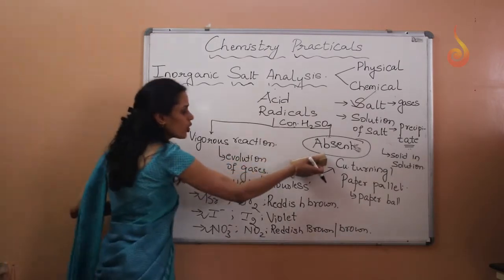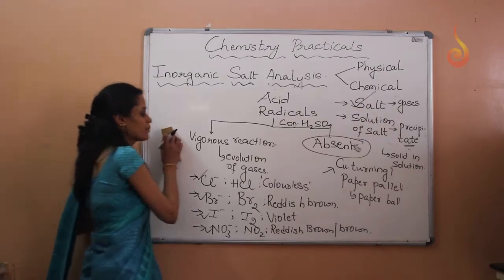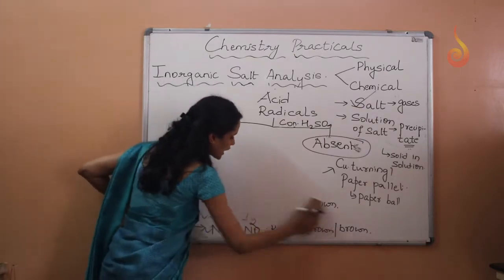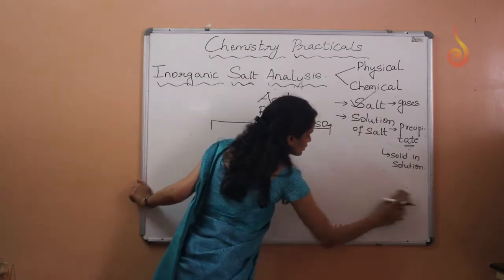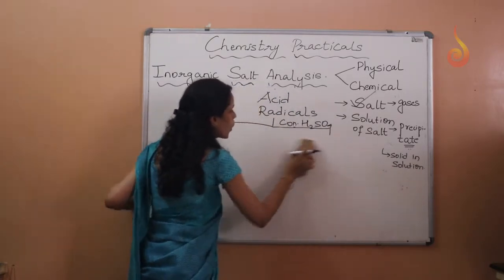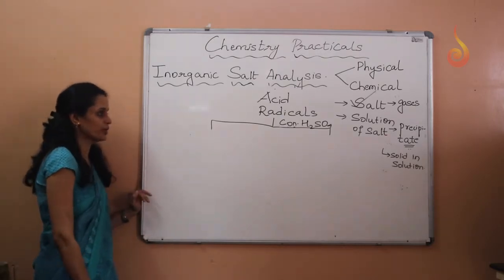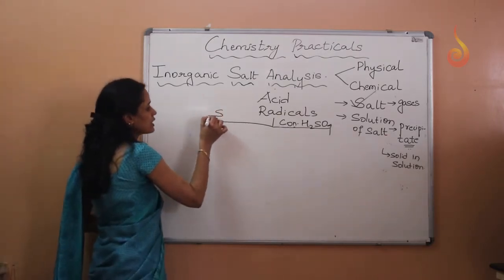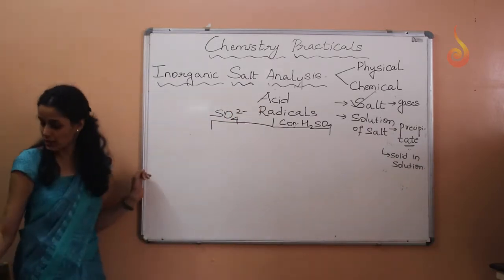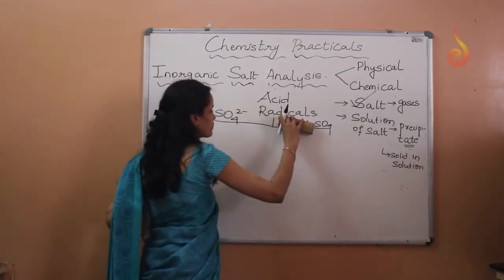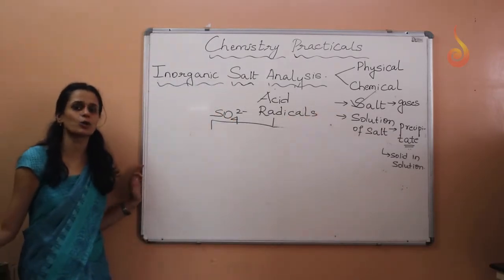Now, what are the radicals of third group? We have three radicals: borate, sulfate and phosphate. But for our syllabus, we have only one radical, that's sulfate. So third group is an independent group.